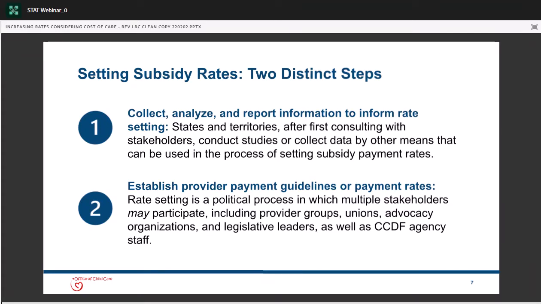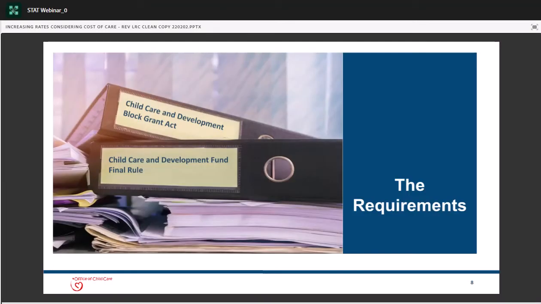Rate setting relies in part, although not fully, on information gathered through a study. Next slide, please. We're going to cover over the next few minutes the actual requirements of the data collection process for rate setting. Next slide, please.